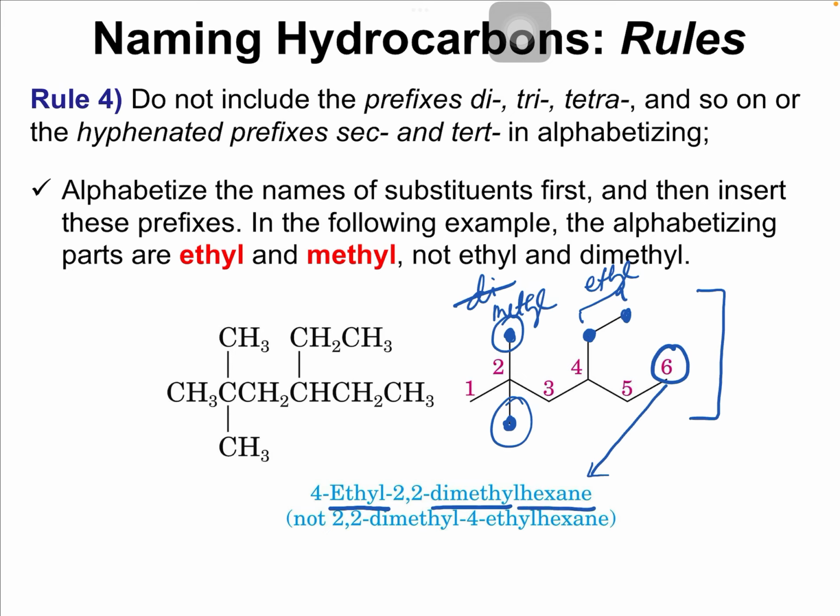Now, you have your hexane, that's your 6-carbon parent. And then, where are your substituents attached? So, unahin natin yung ethyl. Kaya ang numbering pala nito is 1, 2, 3, 4, 5, 6 from left to right kasi 'di ba?